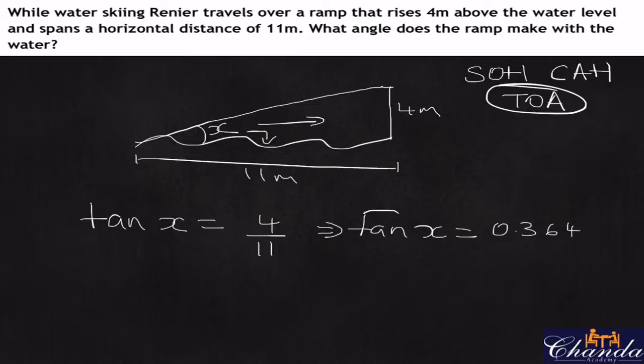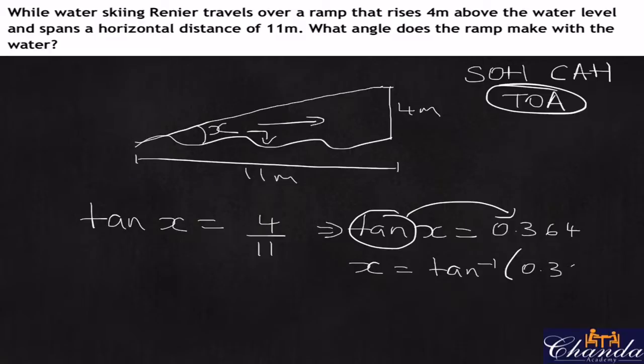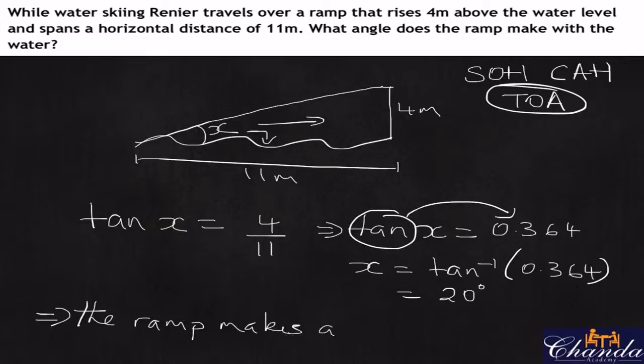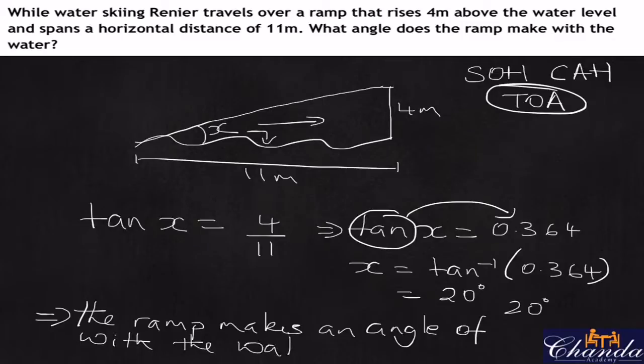Now, taking the tan over to the other side, we have x is equal to inverse tan of 0.364, which gives me a value of 20 degrees. Therefore, the ramp makes an angle of 20 degrees with the water. Simple as that.